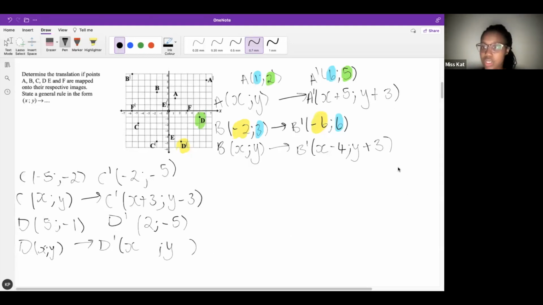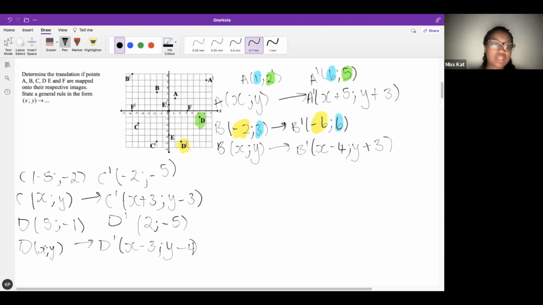Jason says 3. What am I doing with the 3, guys? Am I adding or subtracting? Okay, -3. And then to go from -1 to -5, how do I get it? -4. That would be correct.